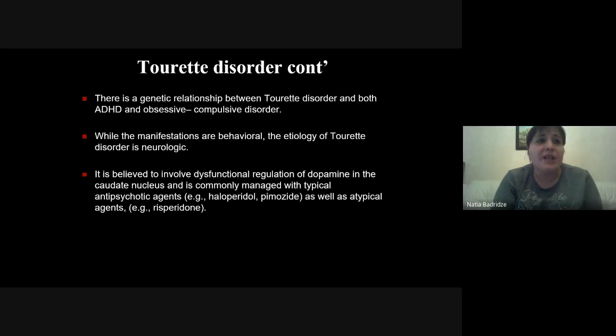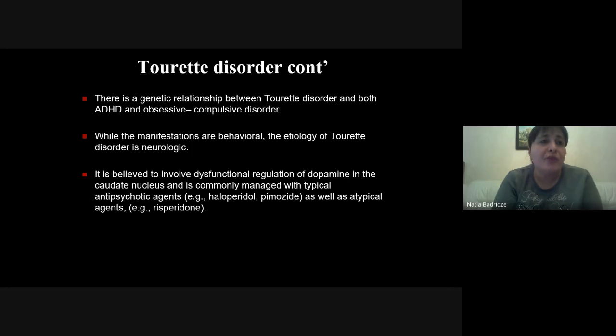The manifestation of Tourette disorder is behavioral, like motor tics and vocalization, but the etiology of the disorder is neurological. It is believed that there is a dysfunctional regulation of dopamine in the caudate nucleus.